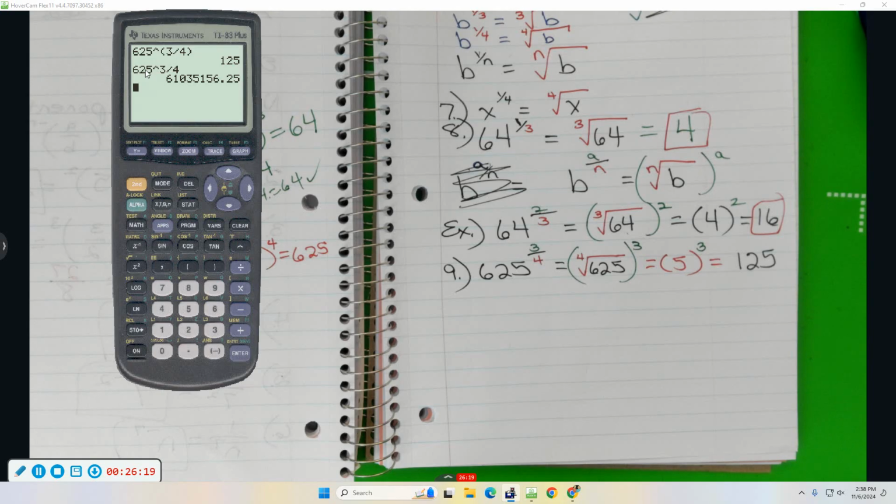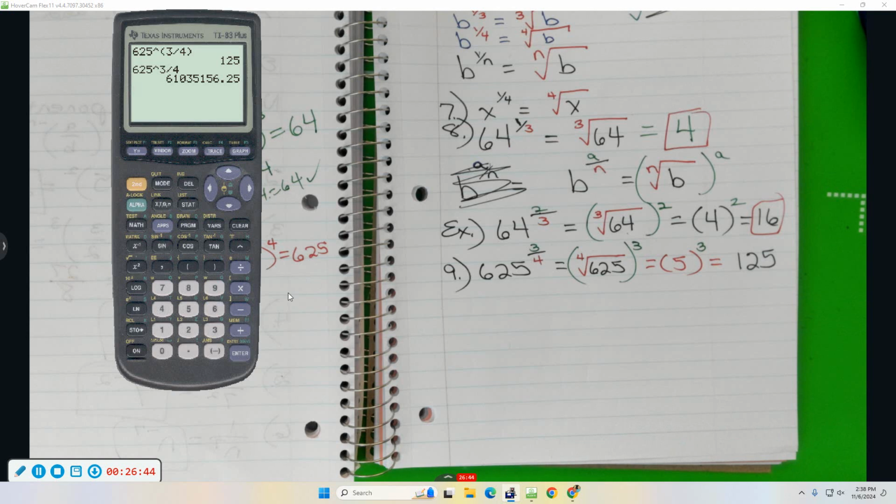What he wrote there, he took the 625 and cubed it, and then he took that huge number and divided it by 4. He performed the exponentiation of cubing and then the division. In order to have a fractional exponent, you have to enclose it in parentheses. You must enclose the fractional exponents in parentheses.